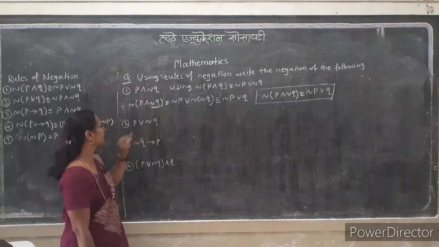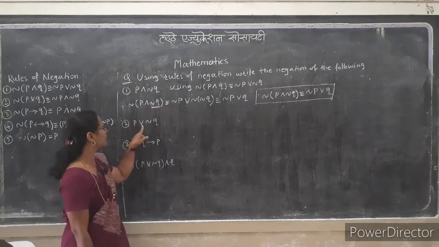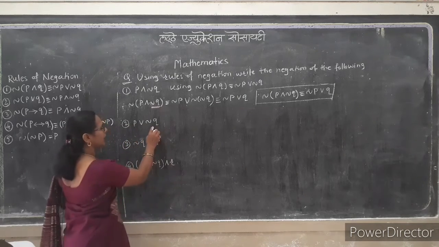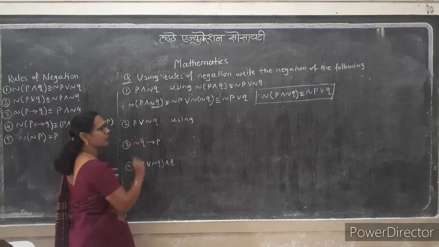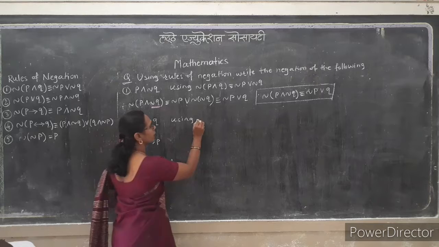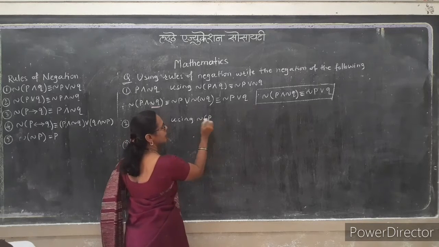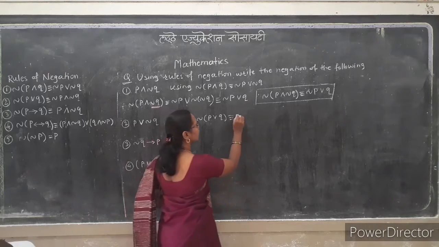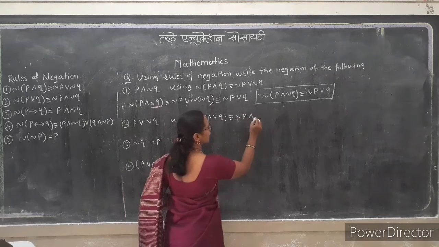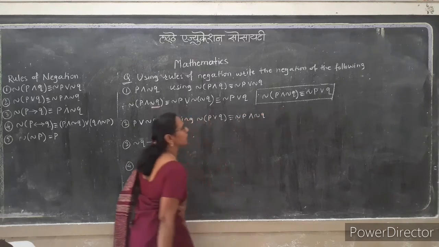Now we see the second example, ¬(P ∨ ¬Q). Here we have the disjunction symbol, therefore we use the negation of disjunction: ¬(P ∨ Q) is logically equivalent to ¬P ∧ ¬Q.